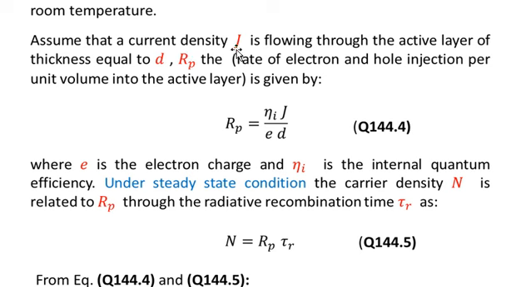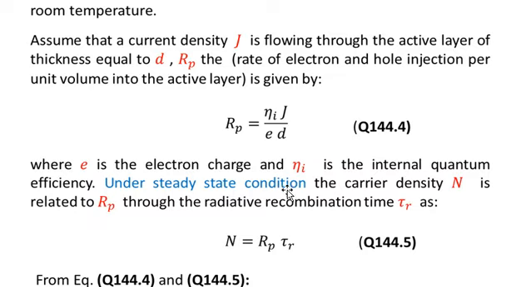Assume that a current density J is flowing through the active layer of thickness equal to D. Rp is what we call the rate of electron and hole injection per unit volume into the active layer, and is given by Rp is equal to eta I times J divided by E D, where E is the electron charge and eta I is the internal quantum efficiency, whereas the other variables have been defined.